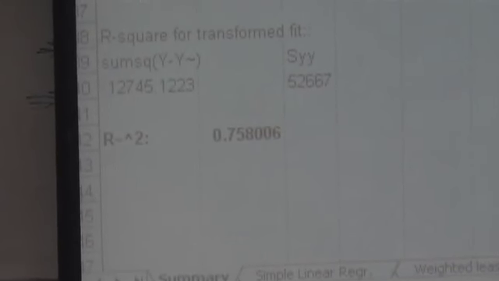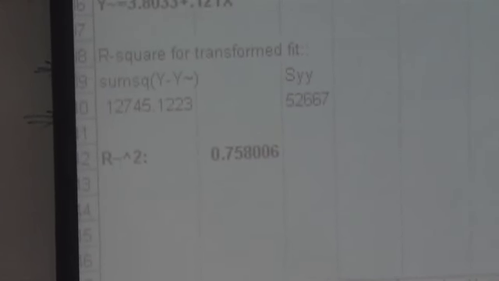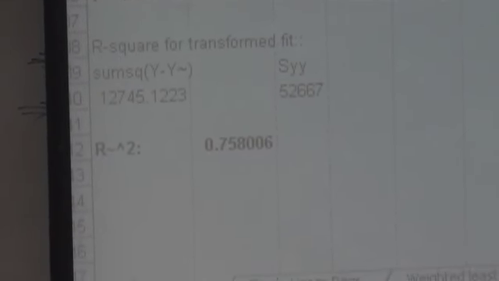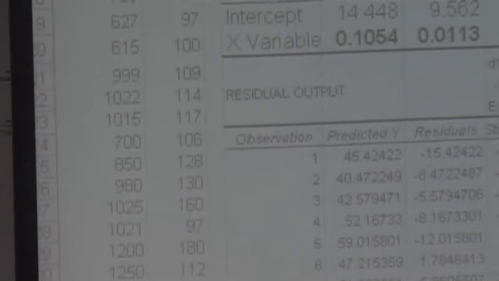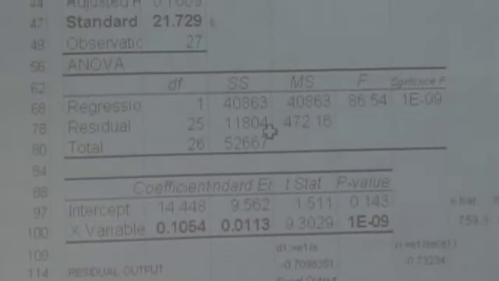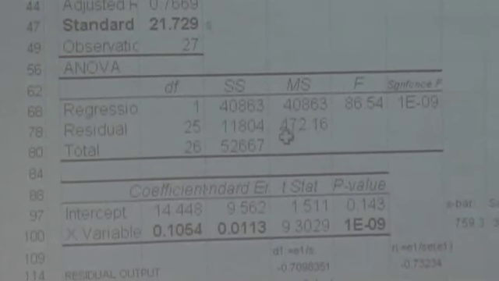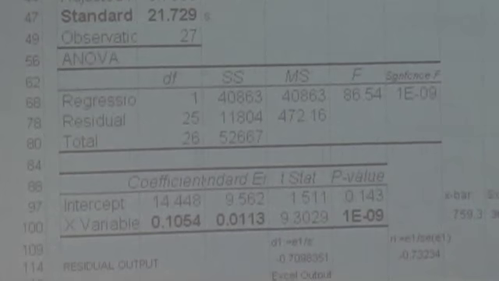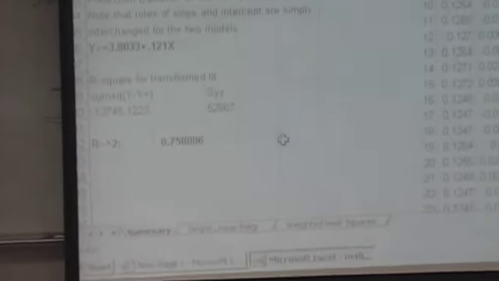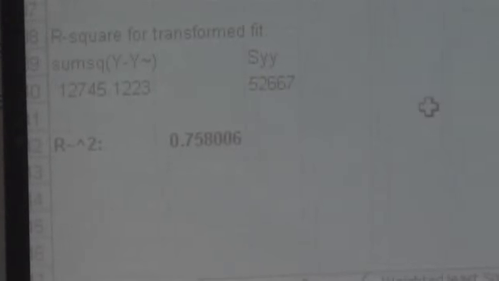Versus what did I get for the error sum of squares, or SS res, in simple linear regression? 12745 versus 11804. So I am getting a higher MS res, 472. But the R squared was 0.77 versus 0.76 in the summary, so it's not that big of a difference.